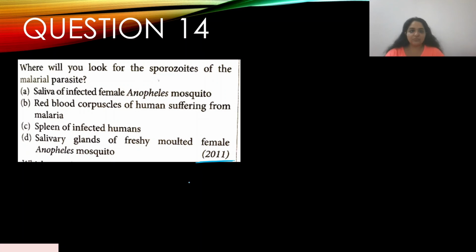Where you look for the sporozoites of the malarial parasite will be the saliva of the infected female Anopheles mosquito. Sporozoites are the infective form of the malarial parasite, and they're present in the salivary glands, or they are ejected through the saliva. So if you check the saliva, you'll find sporozoites there. So the answer is A.